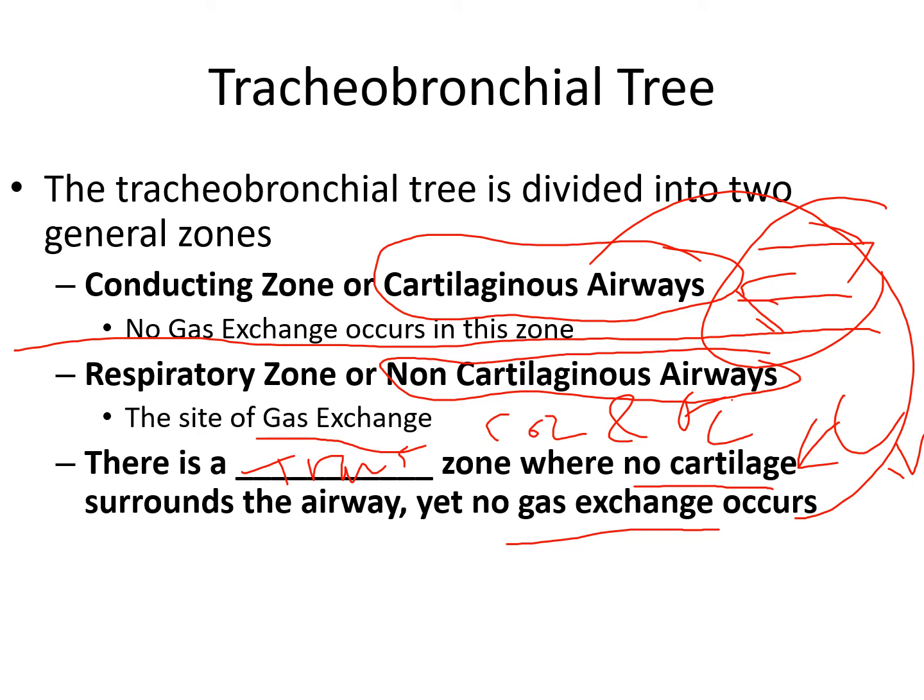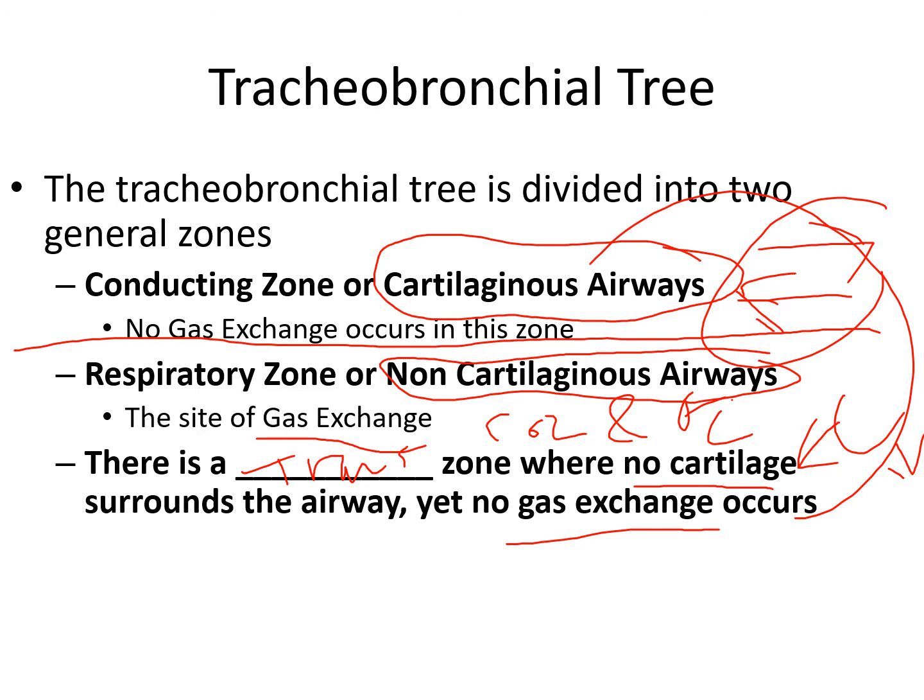So think of the conducting zone, like I said, as a highway, and then your on-ramp and off-ramp to the highway would also be the transition zone. So the transition zone is where you're either slowly getting onto the highway, like an on-ramp, or slowly getting off of the highway, right? The off-ramp, like you're decelerating. And so that's that transition zone. The transition zone does not exchange gas, therefore it is considered part of the conducting zone.